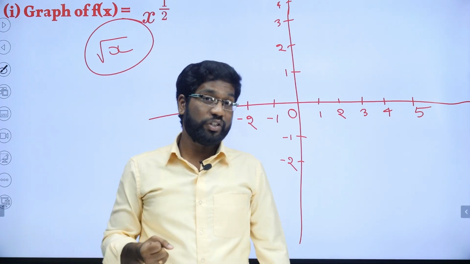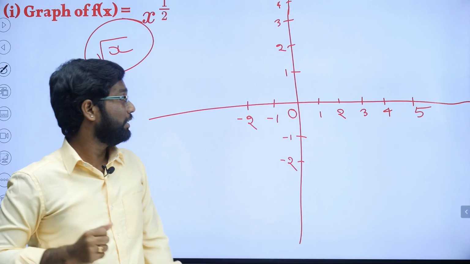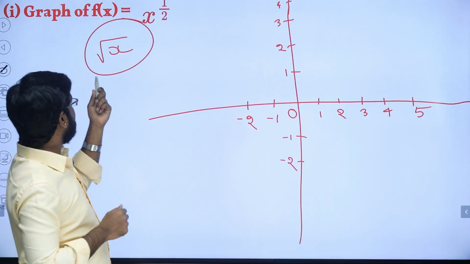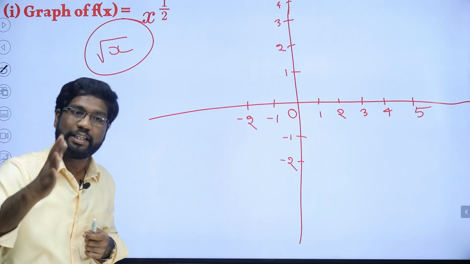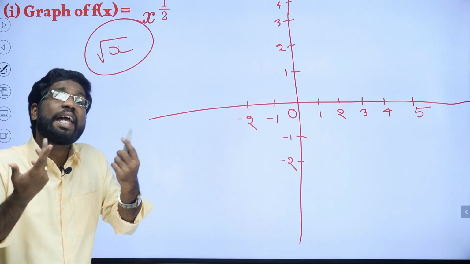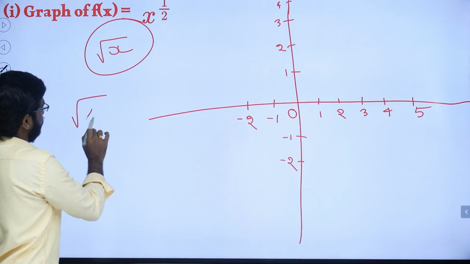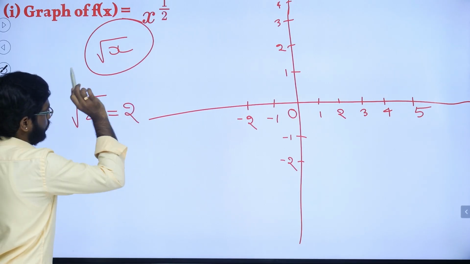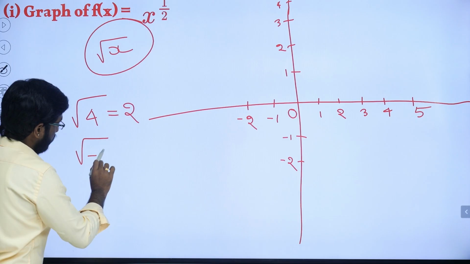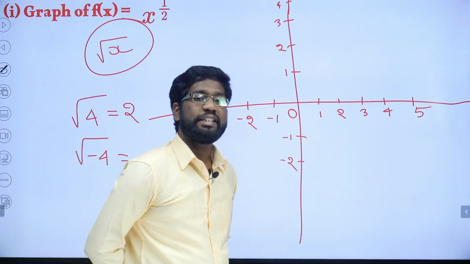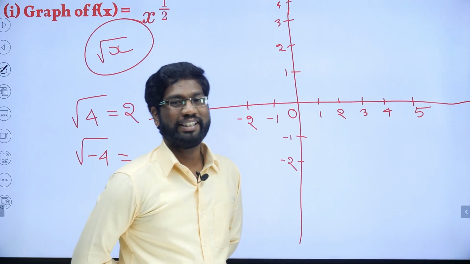But here, my dear students, you have to understand one thing. Whatever positive value I give, even I can give 0, for that 0 I will get 0. But for negative, what value will I get? For square root of 4, I'll get 2. For square root of minus 4, what will I get? You have to tell me.